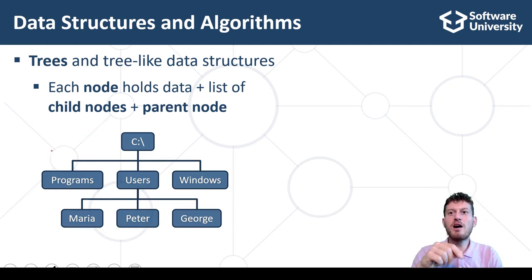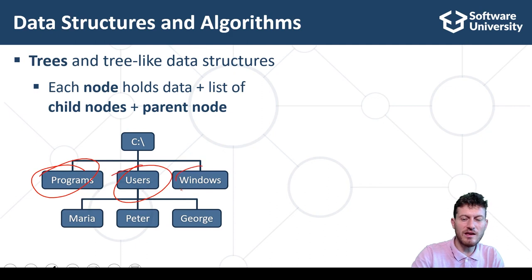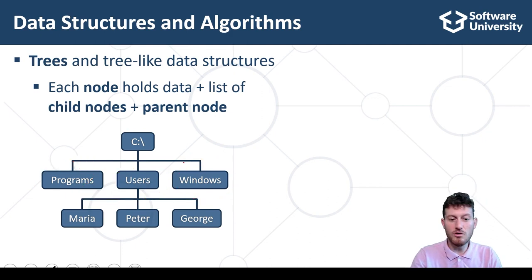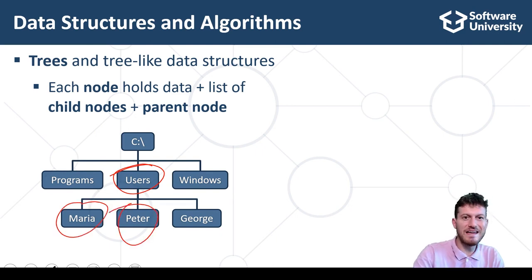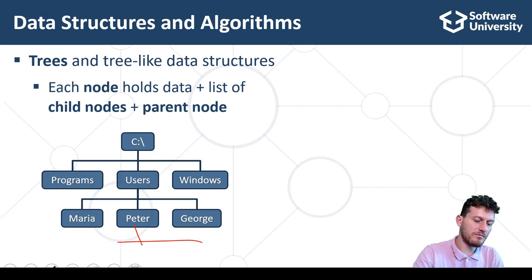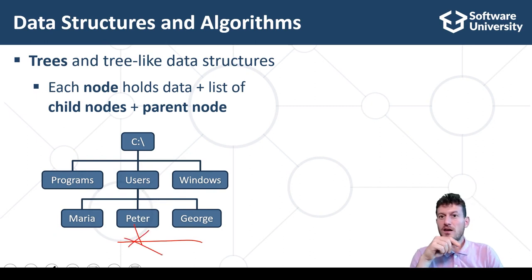This is a tree holding the directory structure of a hard drive in Windows. The root node, C:\, has three child nodes: programs, users, and Windows. The child node users has three child nodes: Maria, Peter, and George. The other nodes have no children. Each node except the root has a parent node.